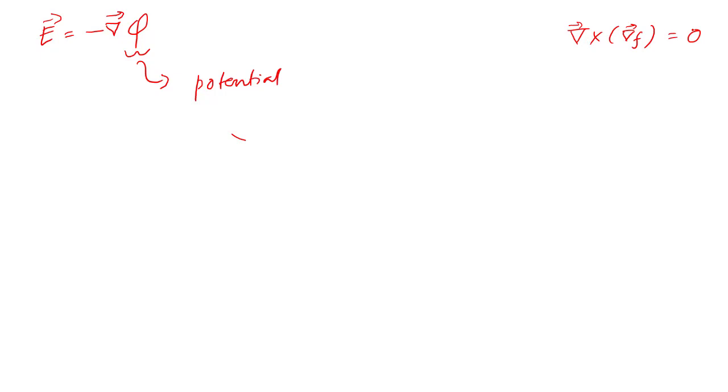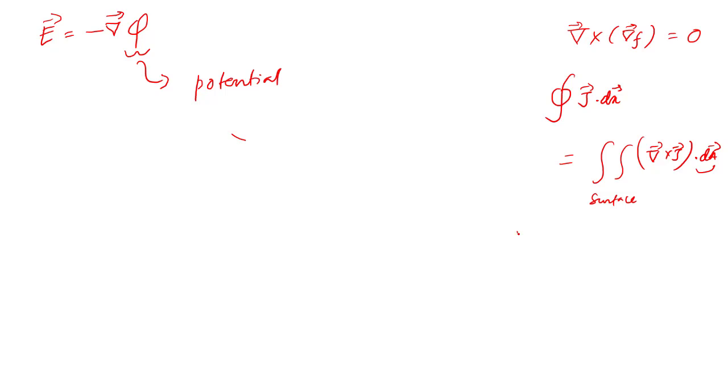So if I go around a path and do j dot dx, then that is equal to the integral over the surface defined by the path of curl of j dot dA, where the sign of dA depends upon the way you traverse, the way you go around on the surface.